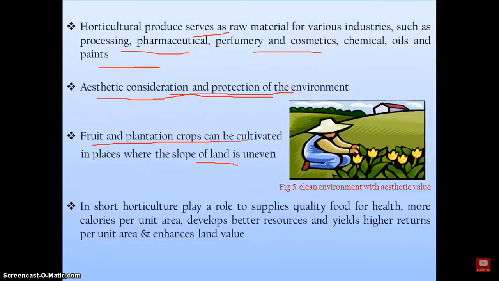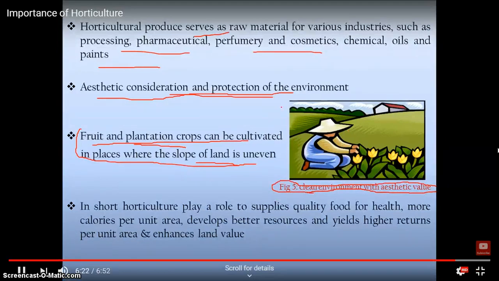We know that horticultural crops, a variety of apples and lychee, have the capacity to be cultivated in hilly and sloping areas. So this is a very important function of horticulture. In figure 5 you can see a clean environment with aesthetic value. It can be provided by horticultural crops, so it is very useful for providing a clean environment.